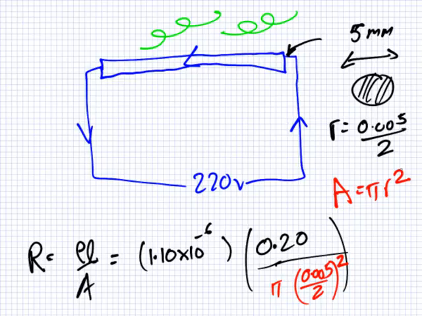So I got basically 102 ohms. Is it always 1.10 times 10 to the power negative 6? Yeah, but they'll give you this in the exam question.